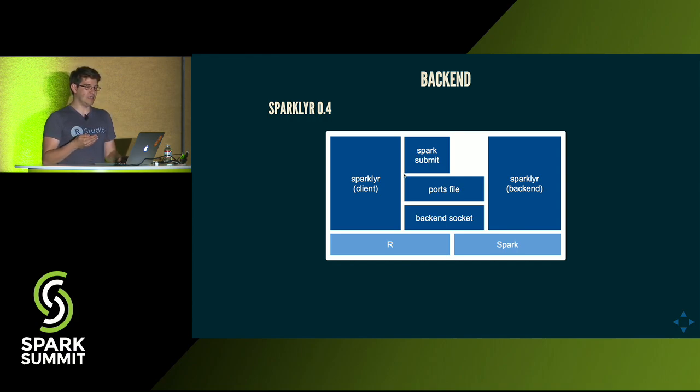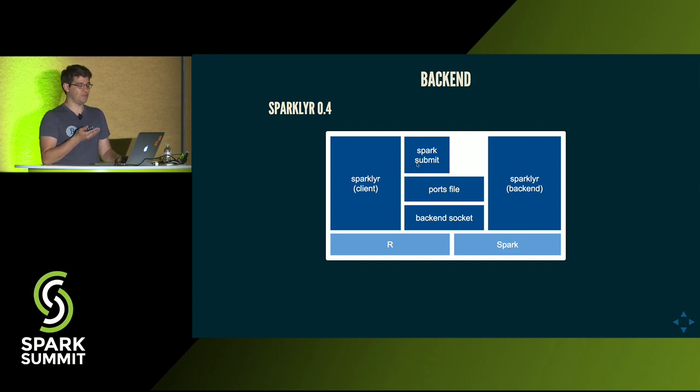We know that in the Spark world, a lot of the processes get started with spark-submit, and it's probably still the primary interface to get things initialized in Apache Spark. And the Sparklyr client does exactly what you would expect. It basically calls spark-submit and runs an Apache Spark application in the background.